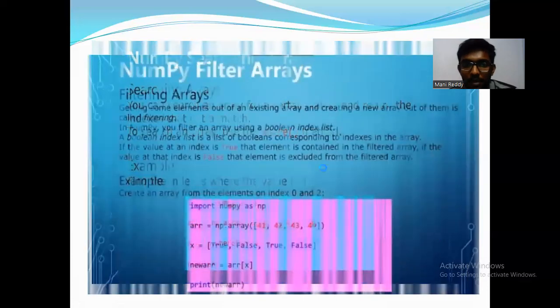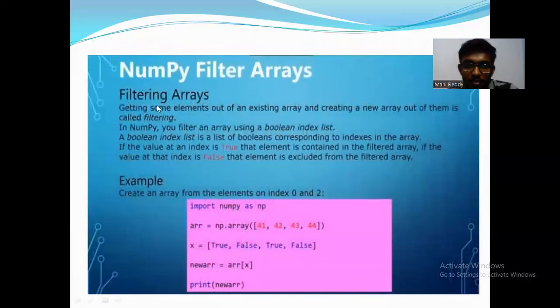NumPy filter arrays. Getting some elements out of an existing array and creating a new array out of them is called filtering. In NumPy, you filter an array using a Boolean index list. A Boolean index list is a list of Booleans corresponding to indexes in the array.